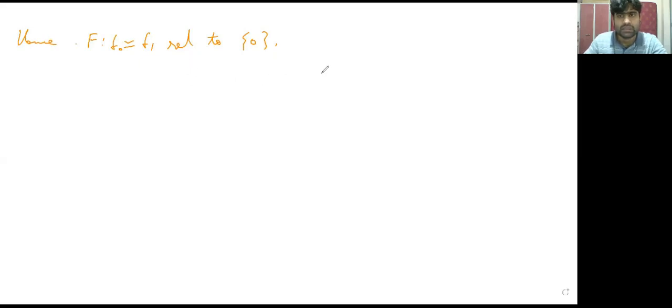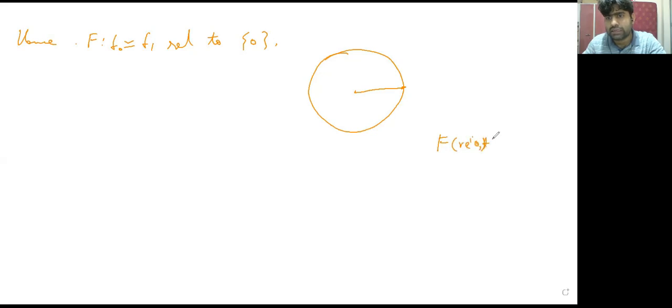So what happens in this homotopy is this. When you increase t, F of R exponential I theta comma t equals R exponential I theta plus t pi. So here you can write exponential I t pi.